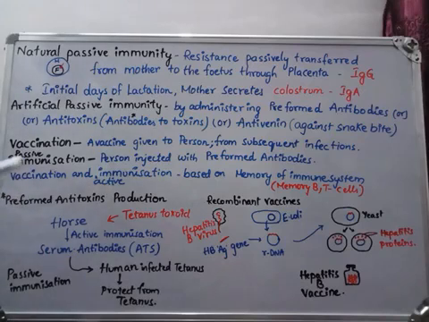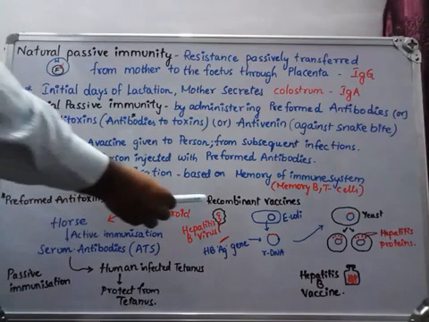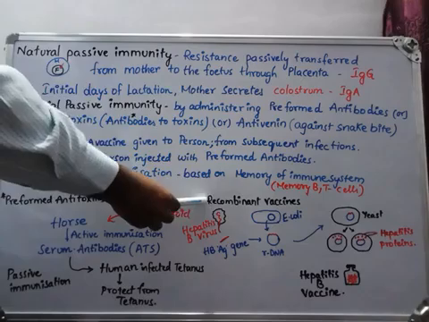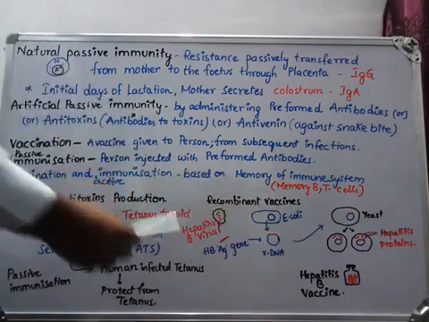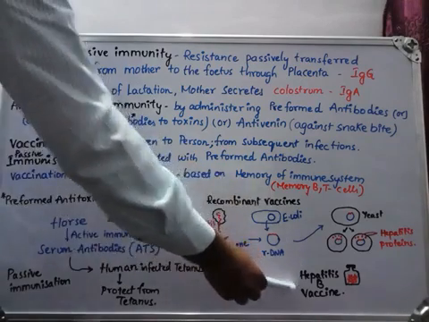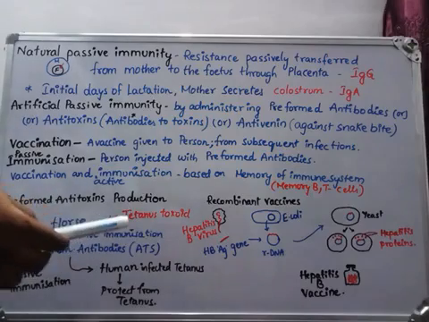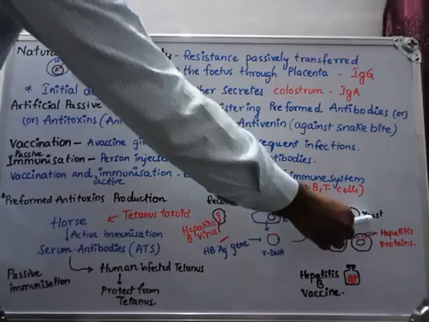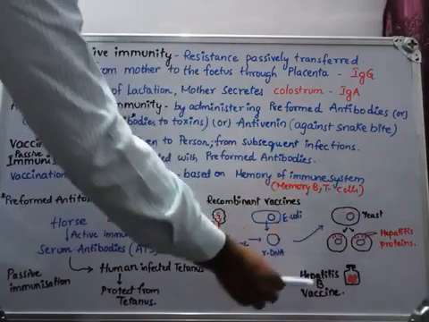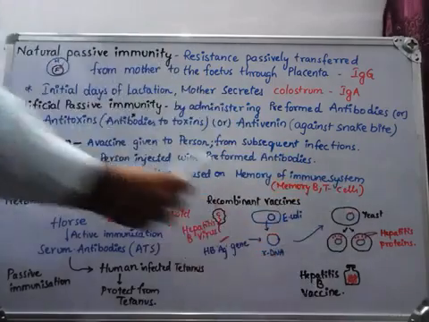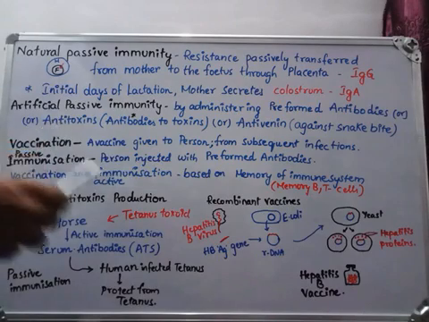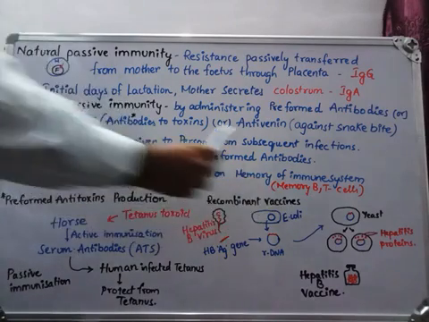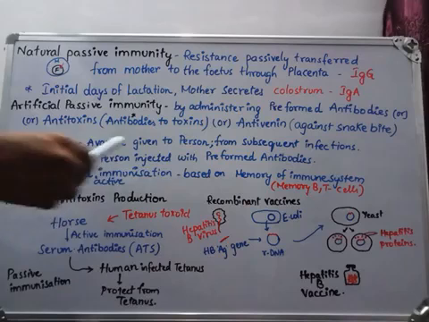Now the next part we have to study is recombinant vaccines. One example given in the textbook is hepatitis B vaccine production, where bacteria and yeast cells are utilized. How recombinant vaccines are developed, we have to observe.